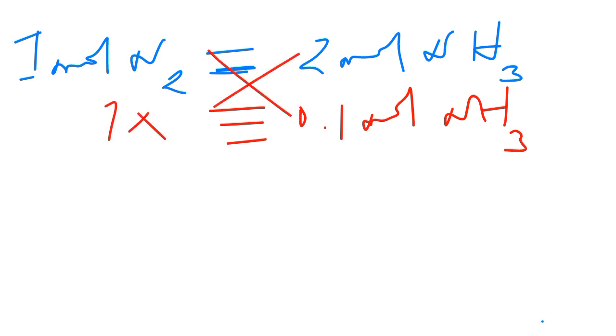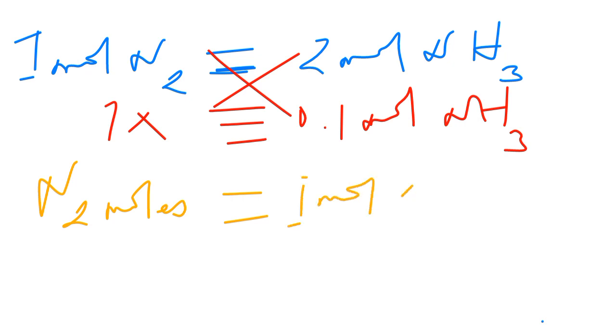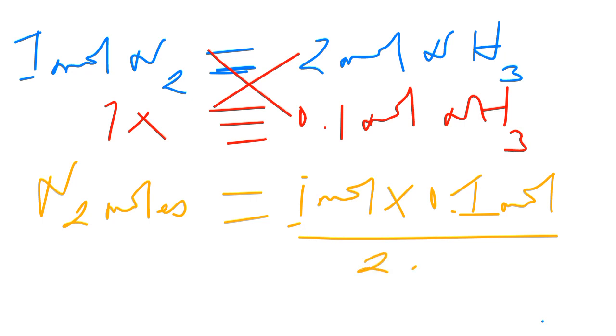So we cross multiply. After cross multiplication, the number of moles of nitrogen will be equal to 1 mole times 0.1 mole divided by 2 moles.